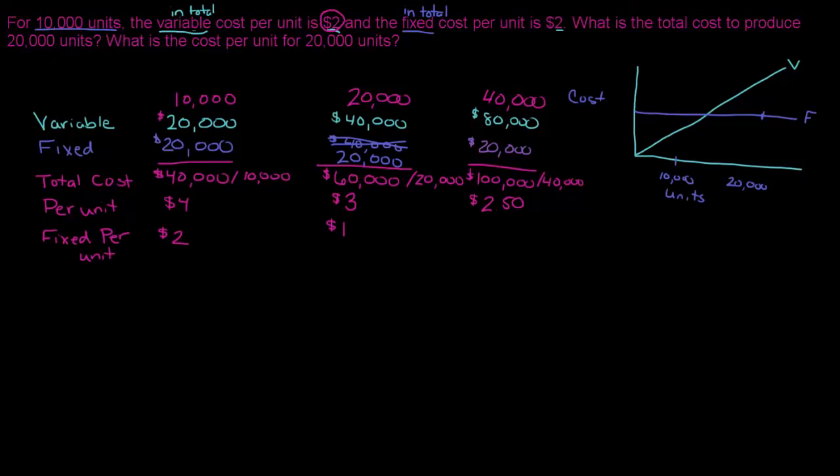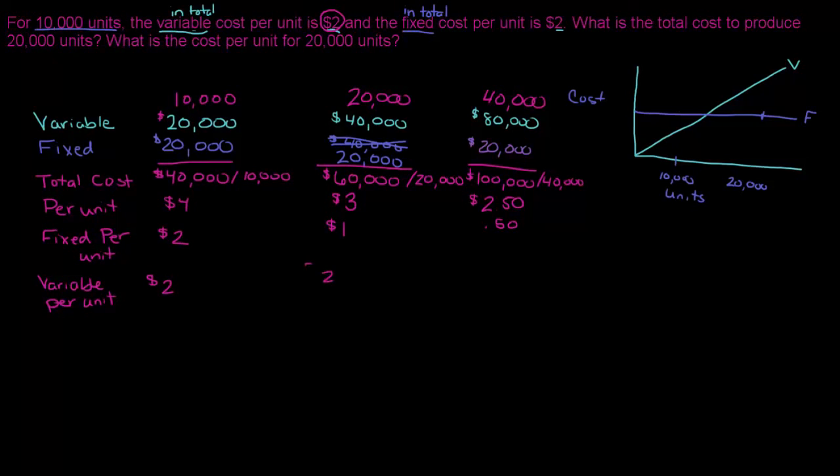Okay, so see my total cost per unit is dropping because my fixed cost per unit, if I take 20,000 divided by 40,000, my fixed cost per unit is 50 cents. Okay, so my variable cost per unit is always $2, right?